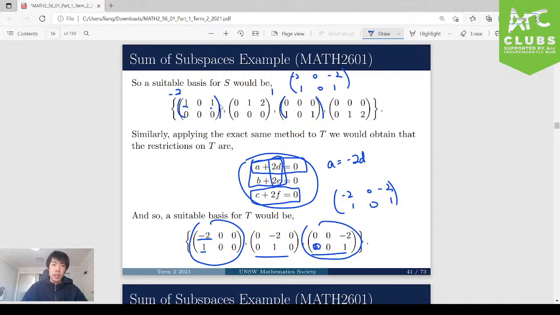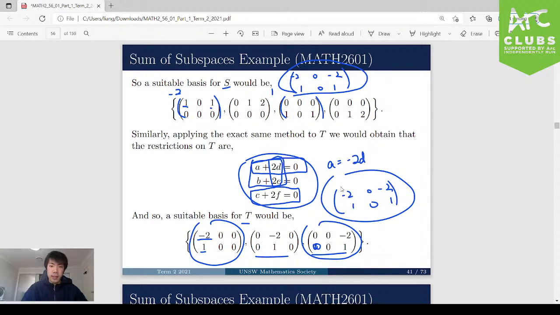And so just by observing the bases for S and T, we have found a particular linear combination of the elements within the basis that intersects. These 2 matrices here are equal. And so we can just choose this to be one of the basis matrices for S intersection T.